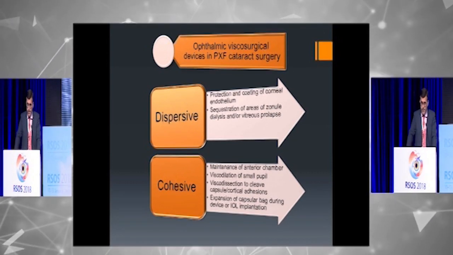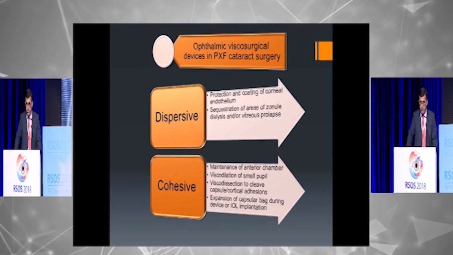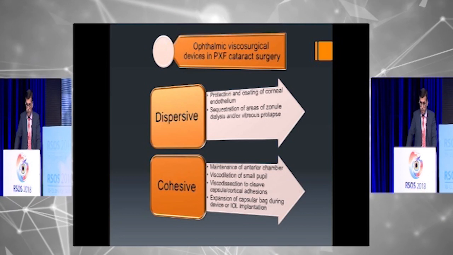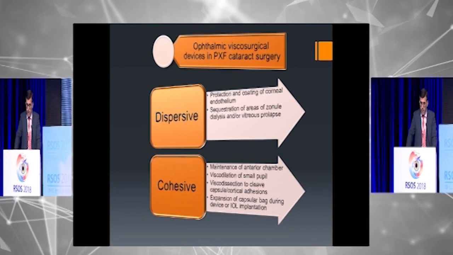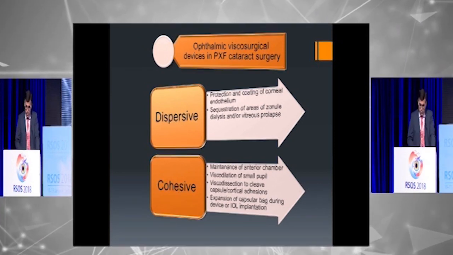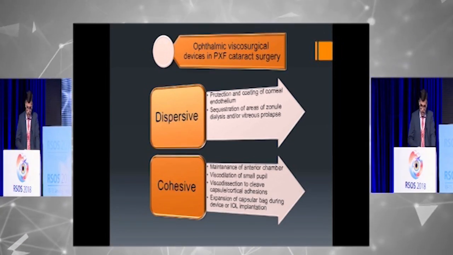The cohesive viscoelastic material can maintain the anterior chamber, and can be used for viscodilatation of the small pupil, viscodissection to cleave the capsule-cortical adhesion, and expansion of the capsular bag during IOL implantation or during adjunctive device implantation.